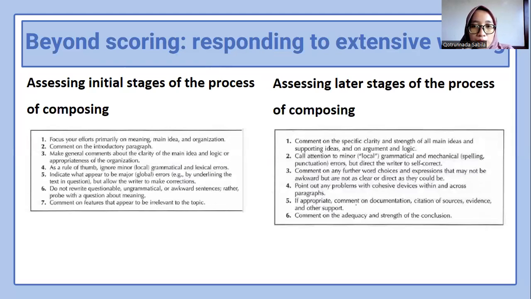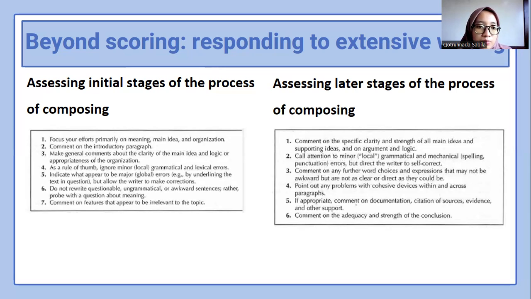And then beyond scoring, responding to extensive writing, assessing initial stages of the process of composing. The following are some guidelines for assessing the initial stages. Focus your efforts primarily on meaning, main idea, and organization. Comment on the introductory paragraph. Make general comments about the clarity of the main idea and logic or appropriateness of the organization.